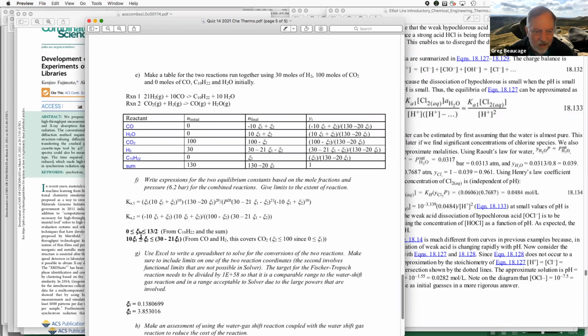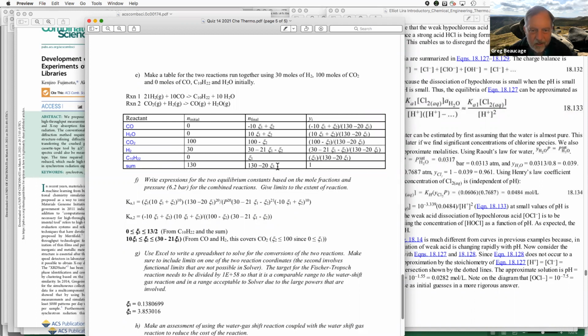And then this one, you can just get these to be bigger than 0, right? So from C10H22, this has to be bigger than 0, because if it's less than 0, you get negative. And then from the total sum, which is the least strict restriction, you get this 13 by 2.